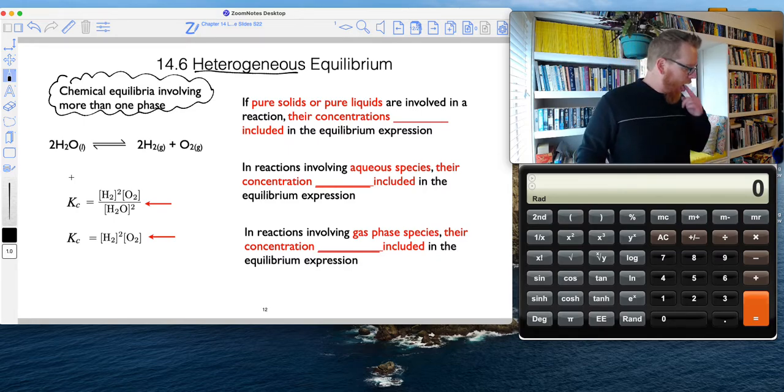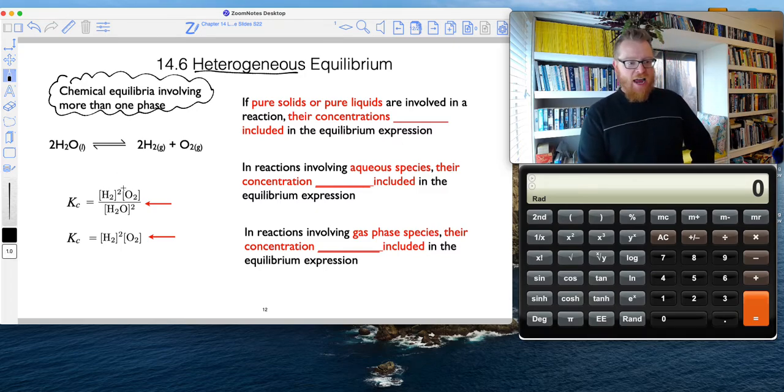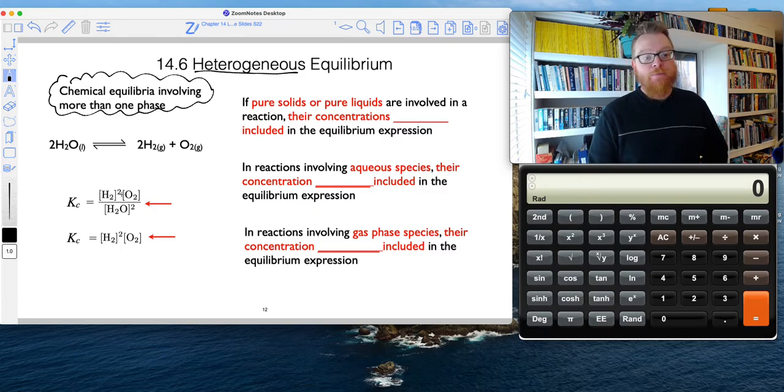Here I'm showing you two different equilibrium expressions for this reaction. This first one: we've got H2 squared times O2 divided by H2O squared. And then I've also written H2 squared times O2, but without the H2O.